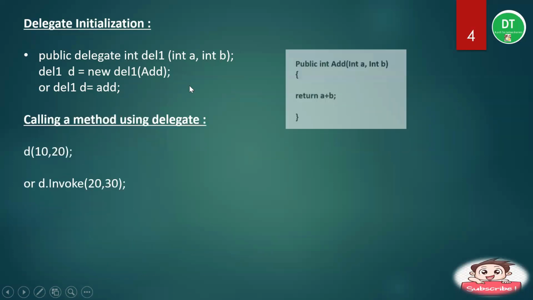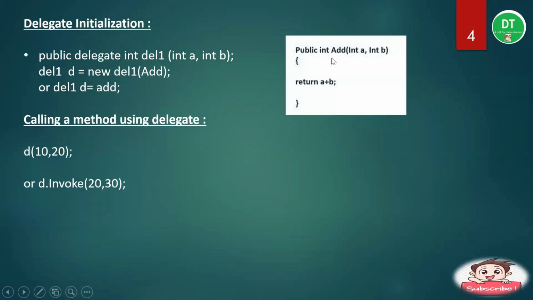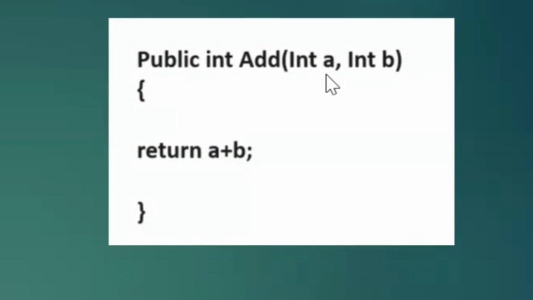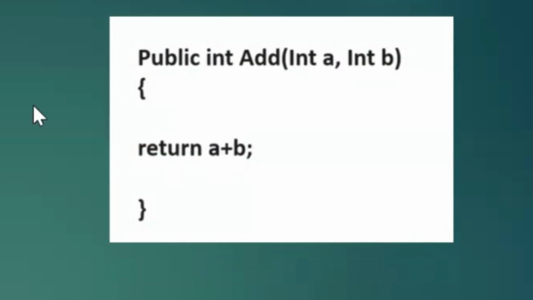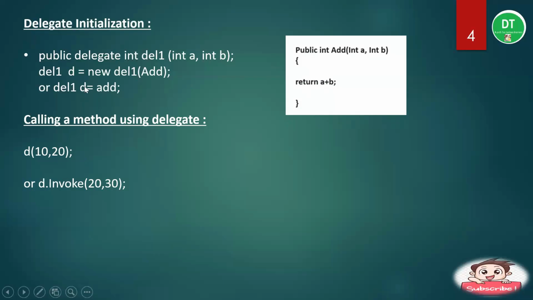So this is the initialization, and here you can see that I have created one method add which is having return type integer, and it is having two parameters a and b of type int, which is here in the body, and the addition of the two numbers is returned back. So this add method we can call by using this delegate object.